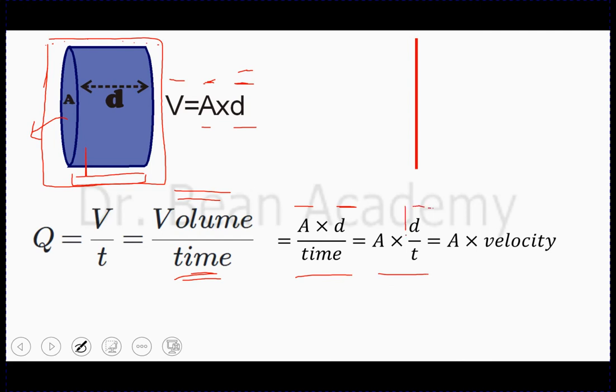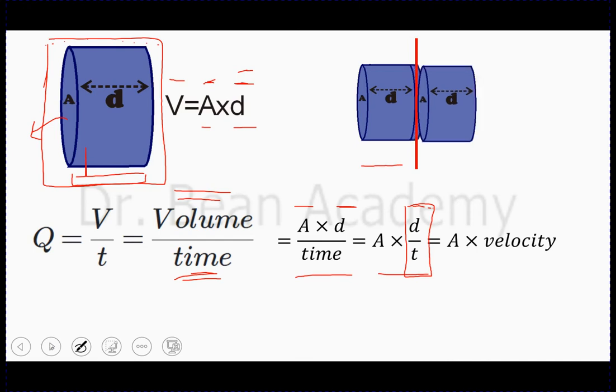But what is D over T? Let's find out. D over T is the distance traveled by this volume of water, equal to the distance D. So if, for example, here I have the volume of water, and it travels a distance D like that, this is the velocity of this volume of water which has covered the distance D. So D over T is the velocity of this volume of water which is passing through the unit area.